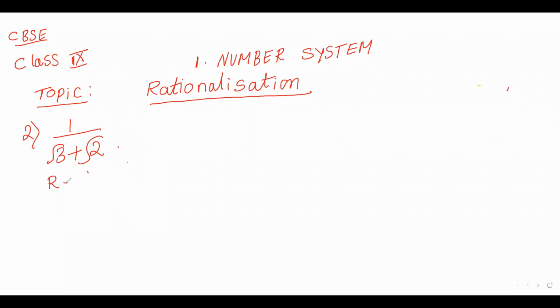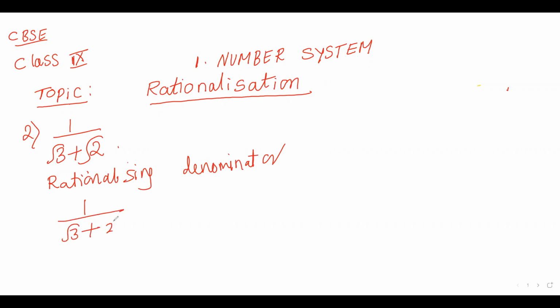Rationalizing denominator. So 1 by root 3 plus root 2, multiplying and dividing by root 3 minus root 2.